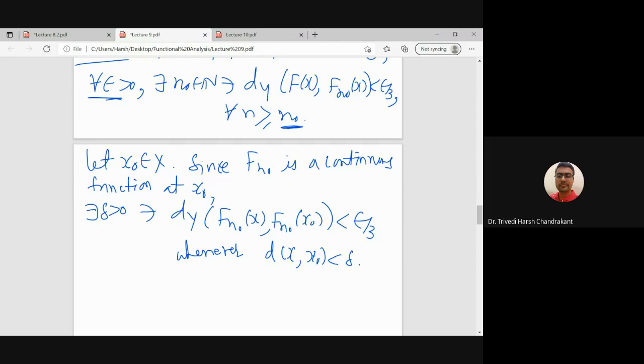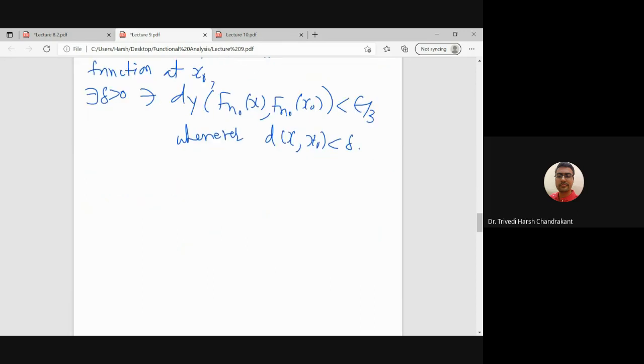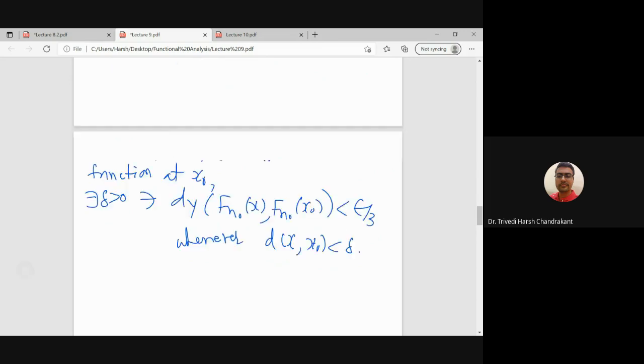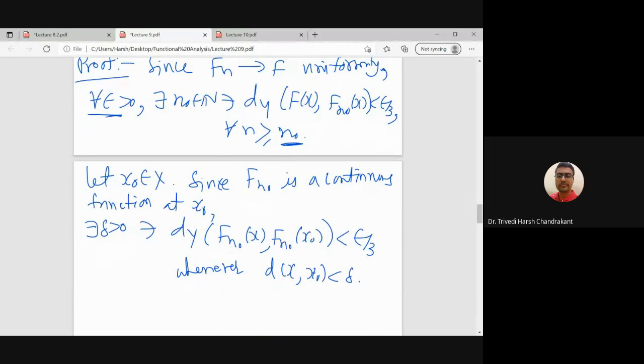But here we are choosing delta for epsilon by 3, not epsilon, so therefore we are getting epsilon by 3 on the right side. Okay, so these two estimates we got.